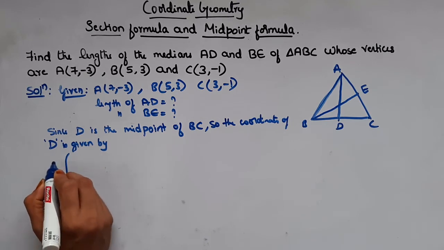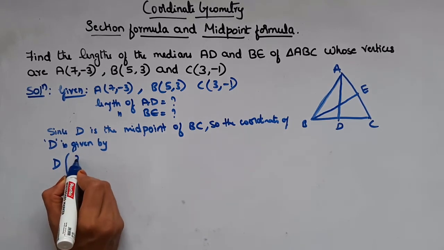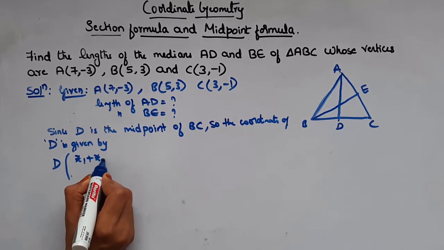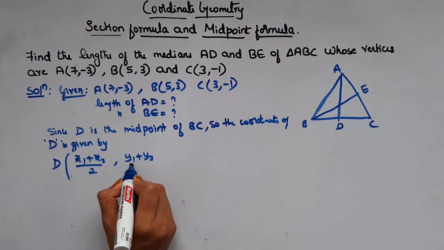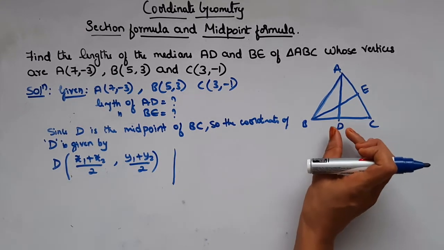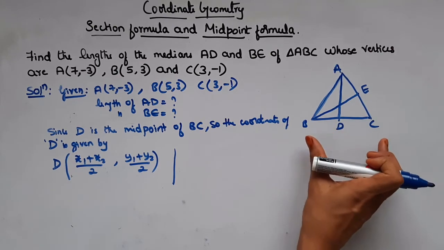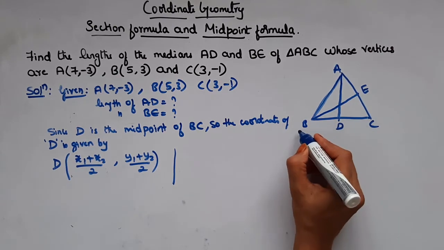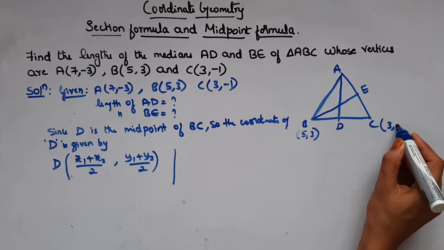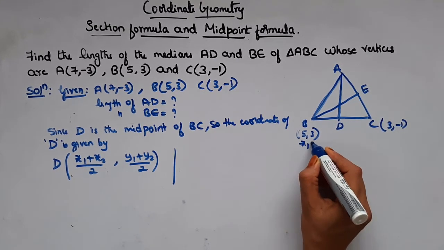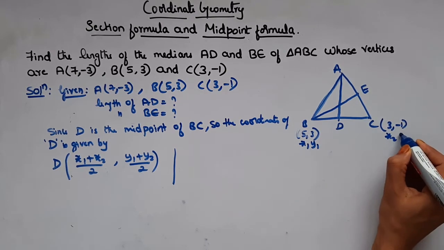By the midpoint formula we have D as ((x1 plus x2) by 2, (y1 plus y2) by 2). Here point D is the midpoint of line BC. Coordinates of B are (5, 3) and C is (3, -1). So this is your x1, y1 and this is your x2, y2.